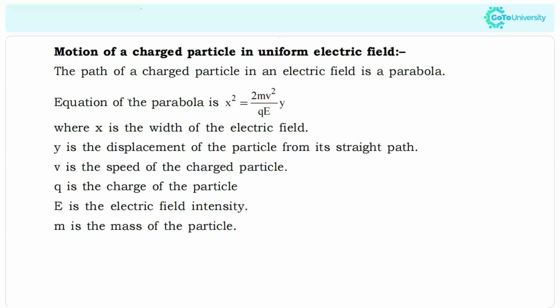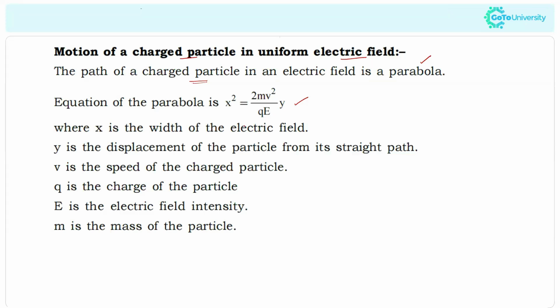The next one is the motion of a charged particle in a uniform electric field. Here we are going to see how the electric field acts on a charged particle in a uniform field. It's known that the path of a charged particle in an electric field is always a parabola. And the equation of the parabola is x squared equals 2mv squared divided by qE times y.